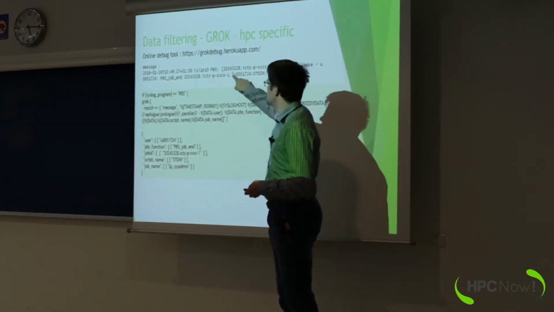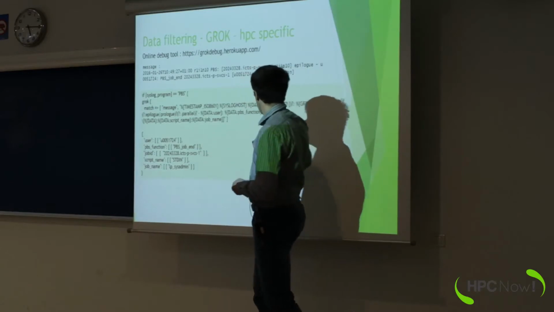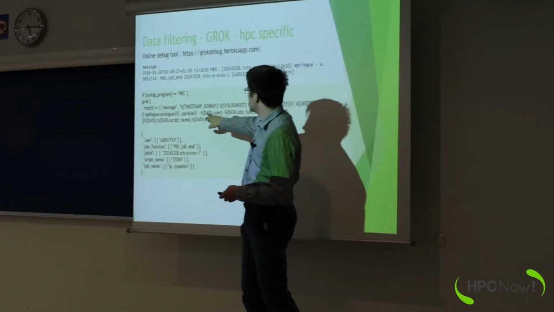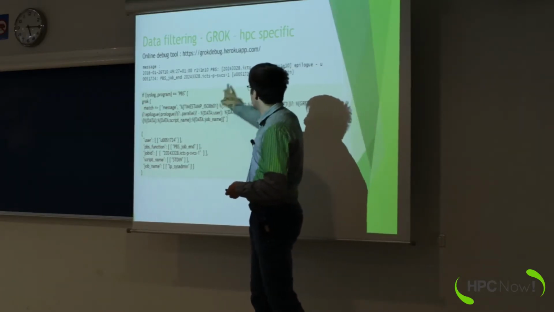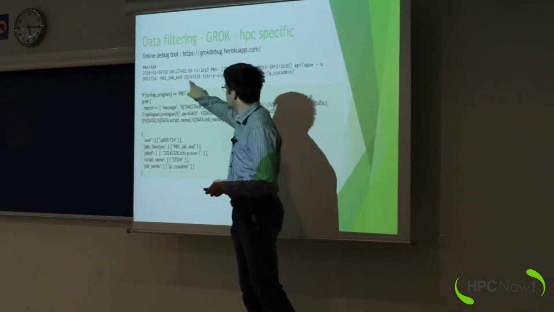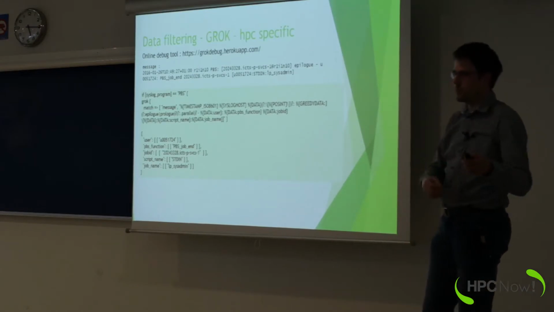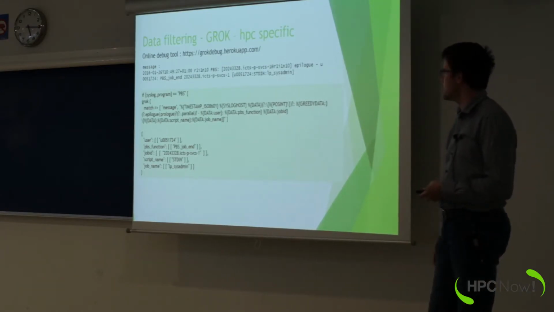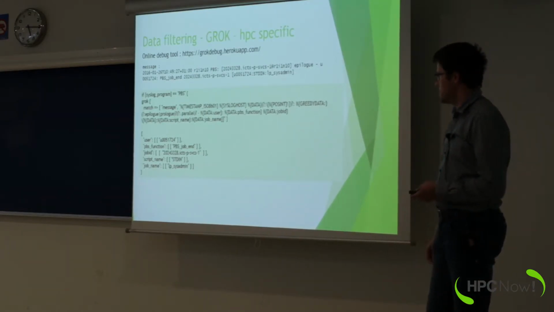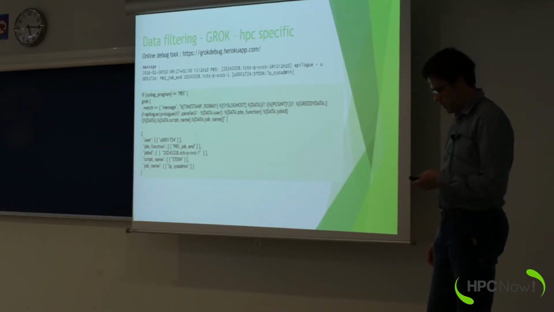You want to know the user. Here it's matching the user, and the job name is the environment. So basically you can define which field you want to map to which variable, and then you can inject it into Elasticsearch.